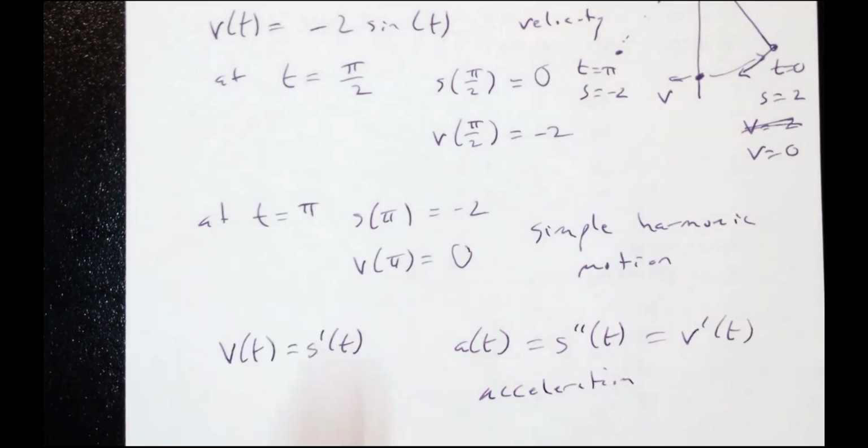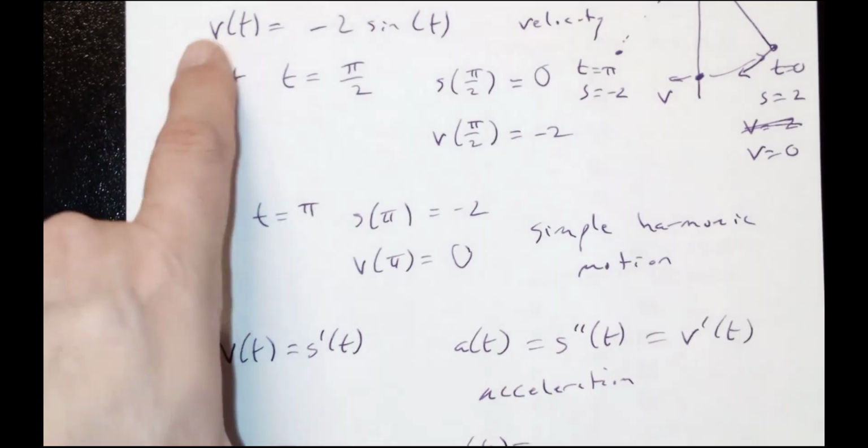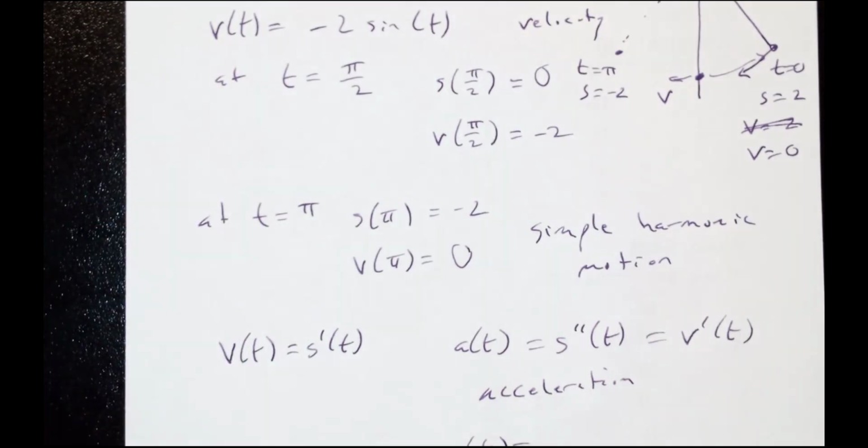But wait a minute, the velocity was -2 sine of t. What is the acceleration function? A of t is -2 cosine t.